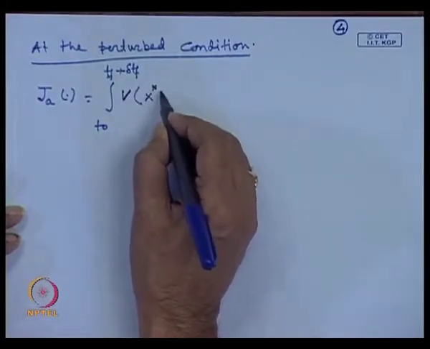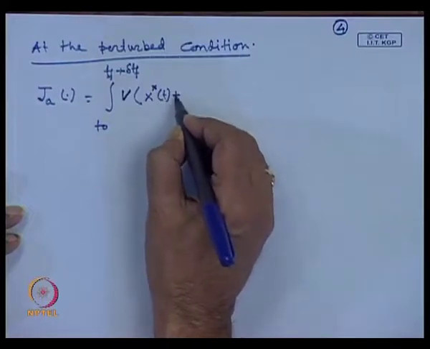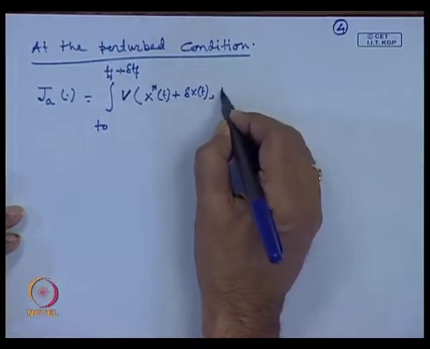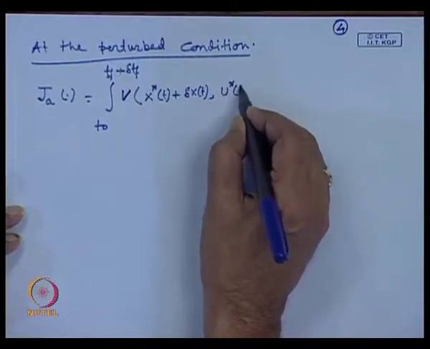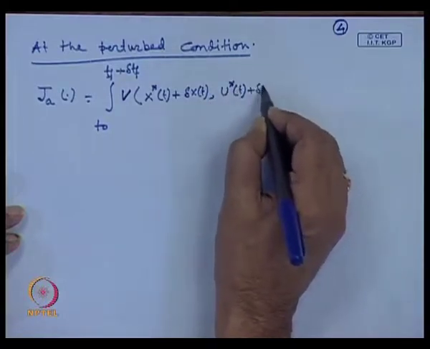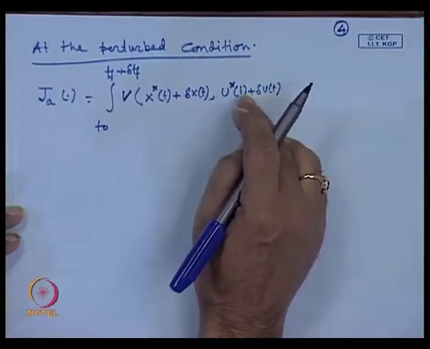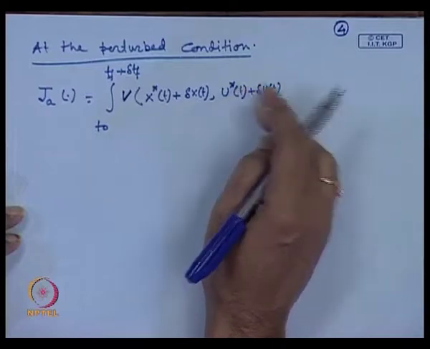If x star is the optimal trajectory and we have given the perturbation of delta x(t), similarly u star is the optimal trajectory and it is perturbed in the neighborhood of u star by delta u.